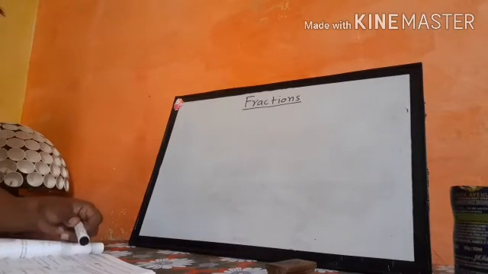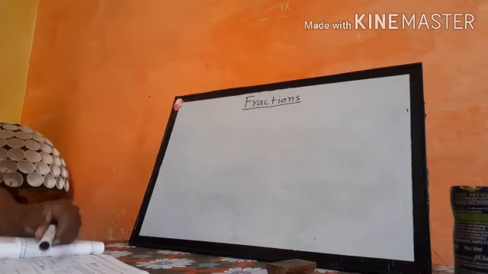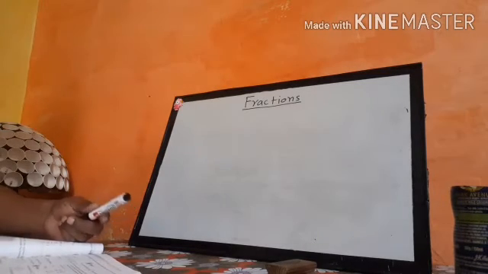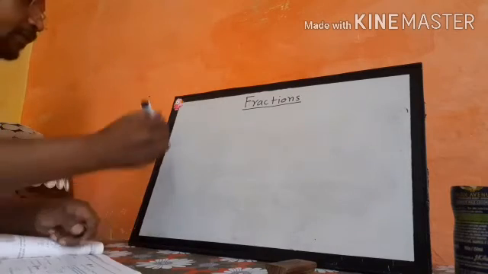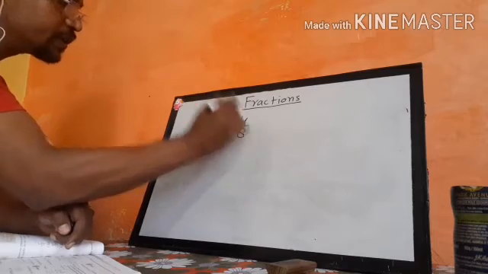Now students, one thing also comes to our mind. Are all the fractions equal or not? As I told you, some fractions can be equal to each other, and some are not. So what kind of fractions can be equal? Let's take an example. I am taking the example of 1 upon 2 and 4 upon 8.